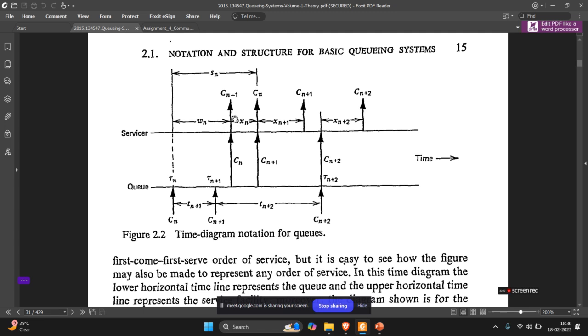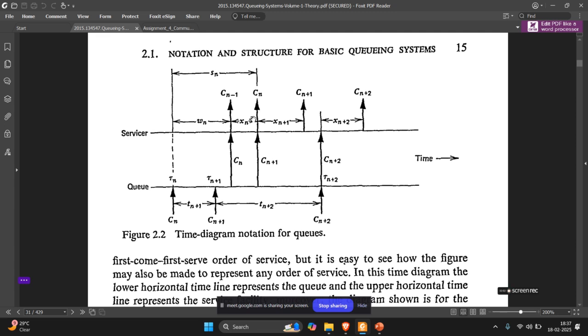So it gets processed here, and once it gets processed, the packet coming out is Cn minus 1, not Cn, because Cn just went to the server. That means Cn minus 1, the packet just before Cn, has finished servicing and exits the queue system. So when Cn arrives at the server, the Cn minus 1 packet exits the server. Similarly, when the Cn plus 1 packet finally goes to service, that is the time when Cn packet has finished servicing.